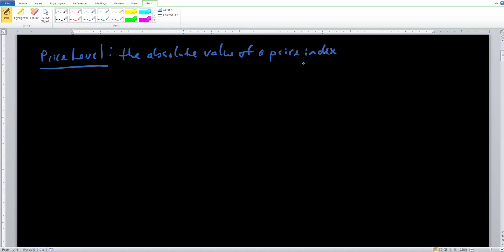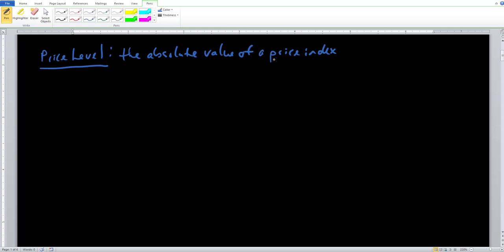So basically, this is the one singular number. It tells us exactly what we are interested in solving for. And based on this number, we can tell exactly what's happening to the prices of these goods and services, this market basket of goods and services within the United States or within a country. Are they increasing, decreasing, or staying consistent over a period of time?